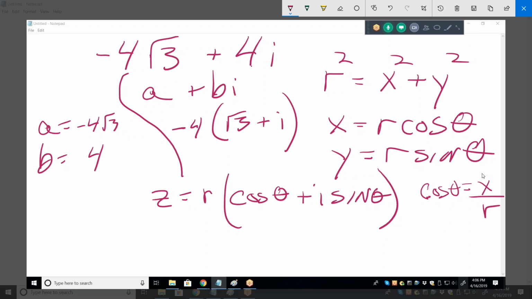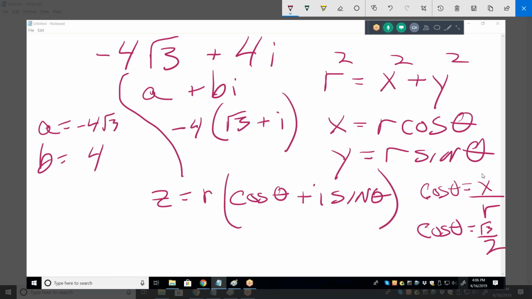Now, cosine of theta is x divided by r. So what's cosine of theta? So that's root 3 over 2. I think you're right.